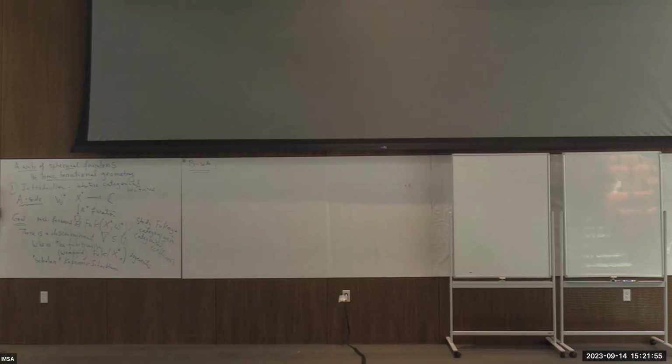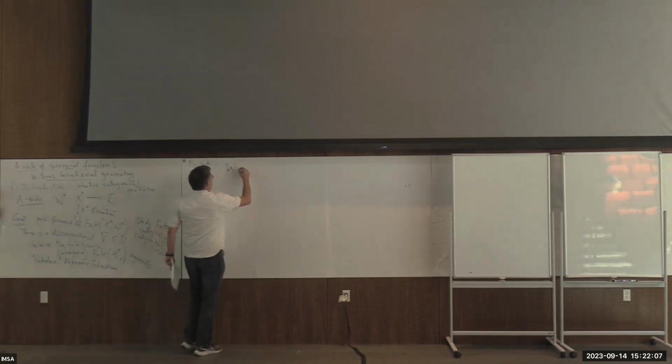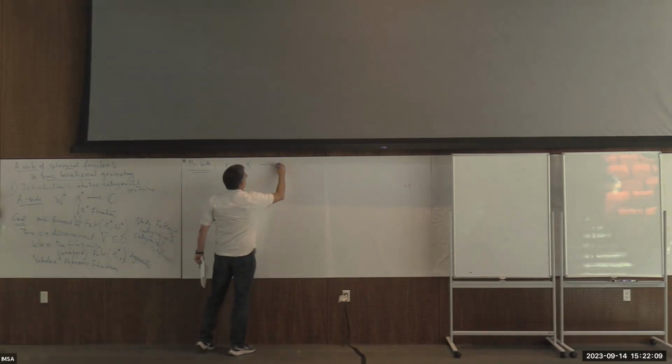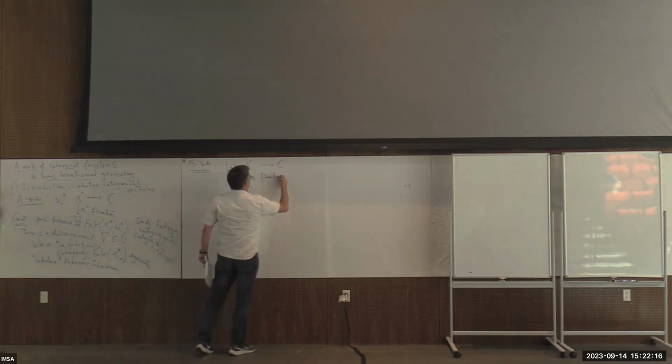The B side, at least in this context, has been studied a lot, and everything I'm going to say has been studied in many contexts. But at least in this setting, it has not been studied that much.